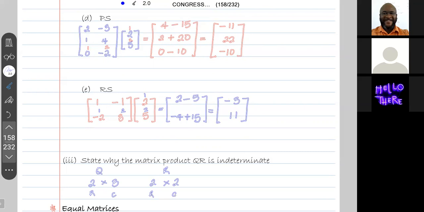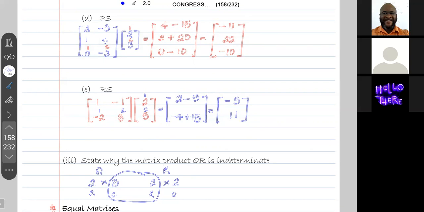Column. Now guys, two matrices are compatible for multiplication when the number of columns in the first matrix is equal to the number of rows in the second matrix.